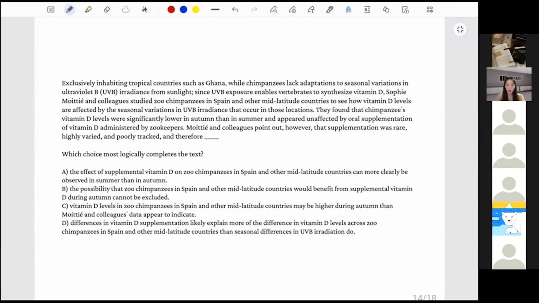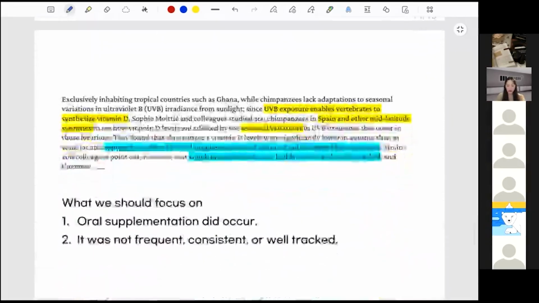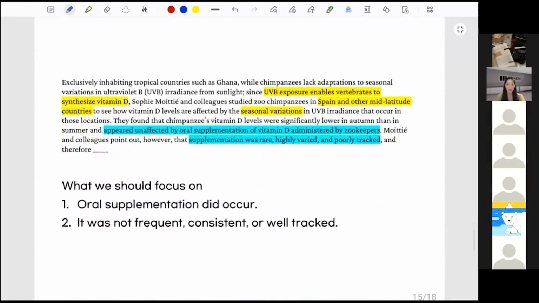So when we are solving a logical completion question, we need to pay attention to what information is actually necessary to complete the author's logic. A common mistake students make is getting distracted by all of the variables, details, and background information mentioned in the passage. Not every detail is equally important.